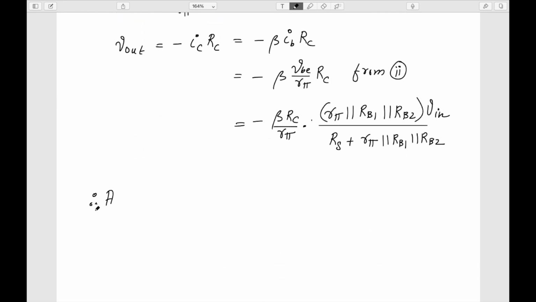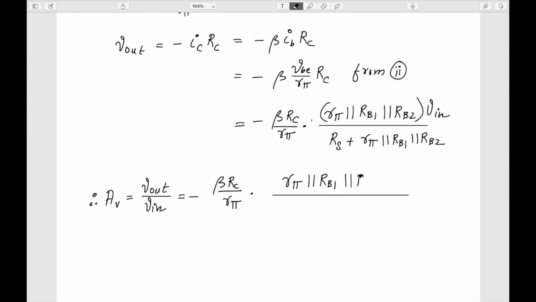So therefore my gain AV is equal to V out by V in, which is equal to minus beta RC R pi. Okay, so I have just brought this V in this side, so then I have got this ratio V out by V in.